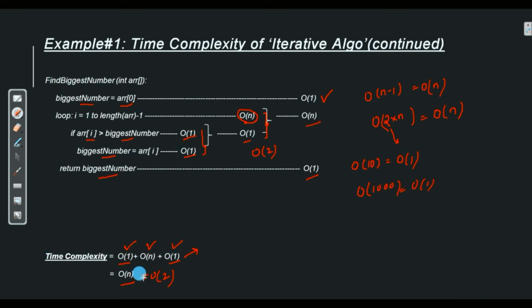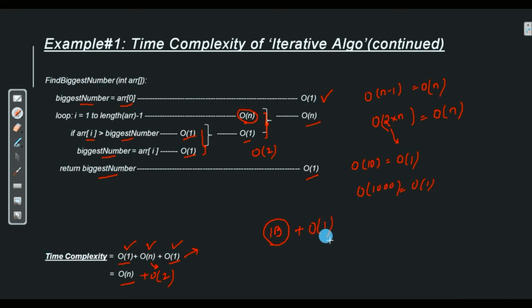Let's say in this order of n, the value of n is 1 billion. That means it takes 1 billion units of time to process these 1 billion numbers. Now if we say order of 1 billion plus order of 1.